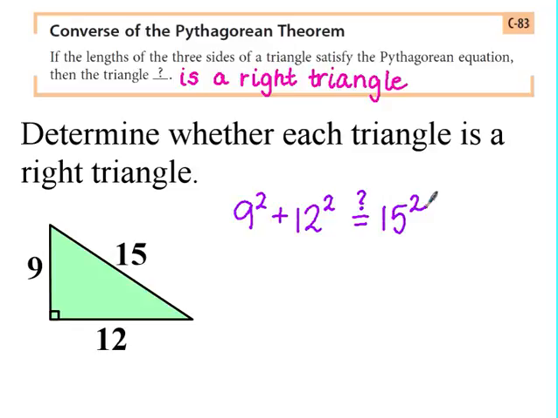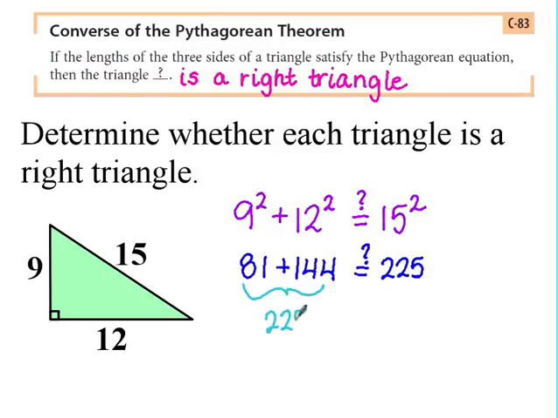So let's go ahead and try it. 9 squared is 81. 12 squared is 144. 15 squared is 225. What is 81 plus 144? 225. So is this a right triangle? Yep. So this would be a right triangle.